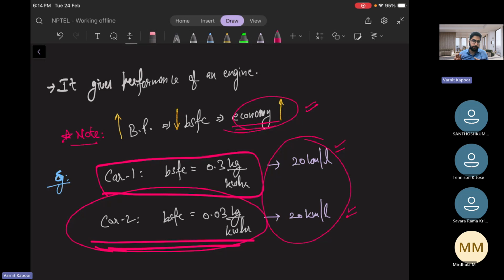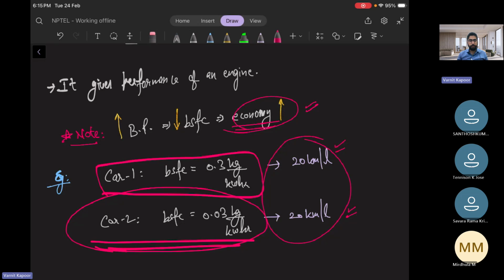So in reality, in such a small amount of fuel, I am able to run hundreds of components of that vehicle, whereas in car 1, with ten times higher fuel, I am able to run only 10 components, although the engine is producing the same mileage output.